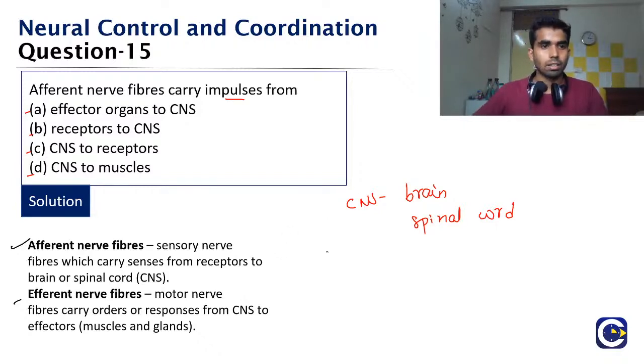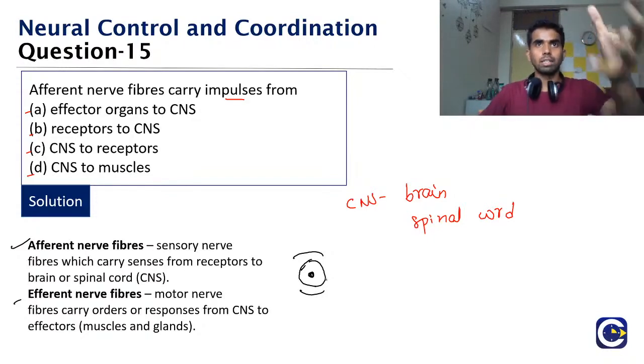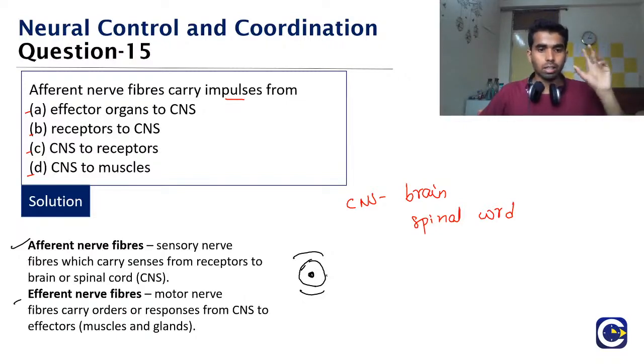Yes, correct. See, there are some sensory organs present in our body. Suppose this is the eye. The eye is a sensory organ, we all know that. The eye will receive the stimulus, whatever you see in the environment, and then after receiving the stimulus, it will have a fiber that will transmit that impulse from the sensory organ to the brain.